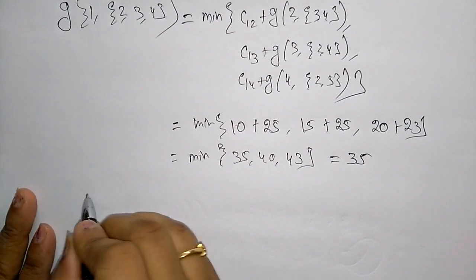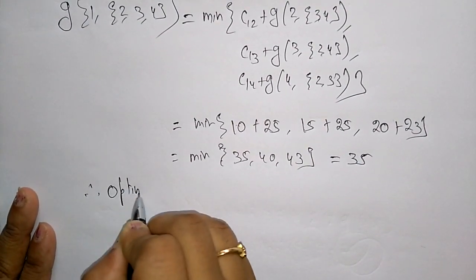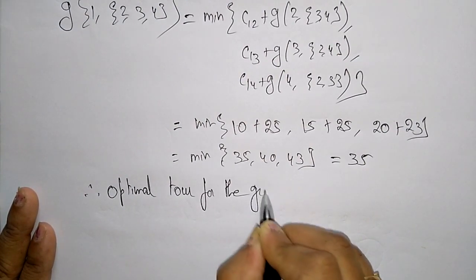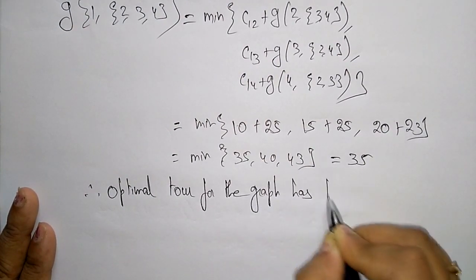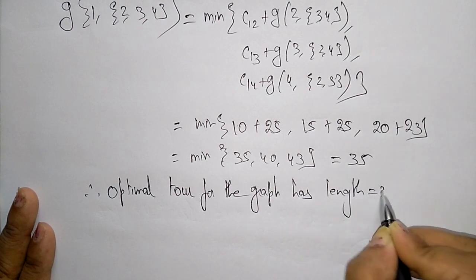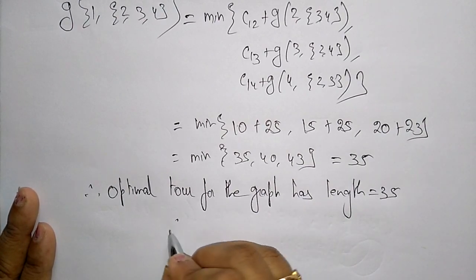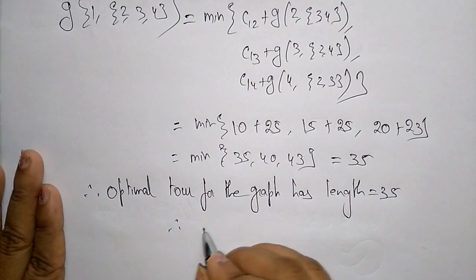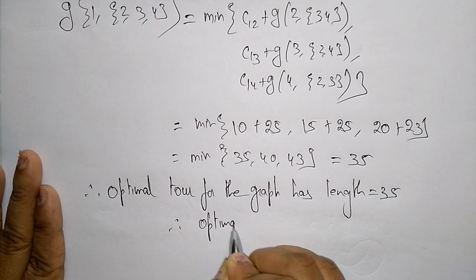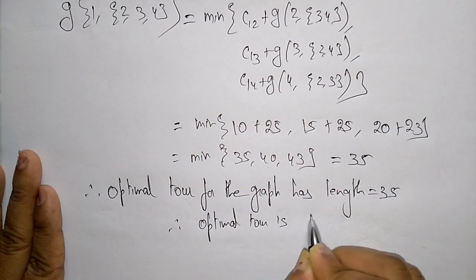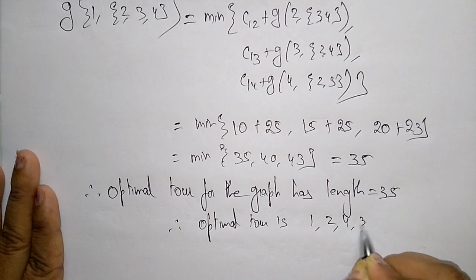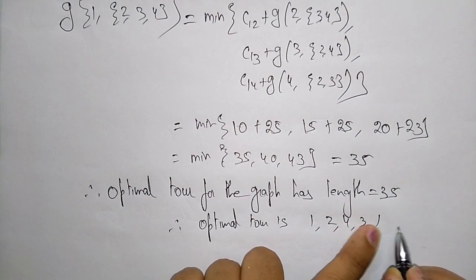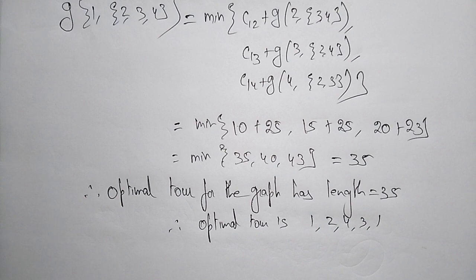Therefore the optimal tour for the graph has length 35, and the optimal tour is 1, 2, 4, 3, 1. First he visits the second vertex, next the fourth, 4 to 3, and 3 to 1 again.